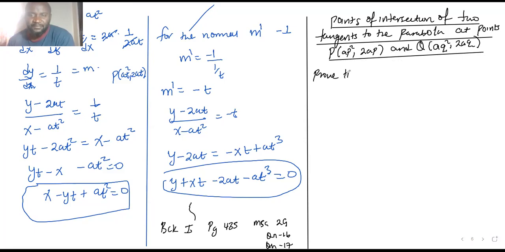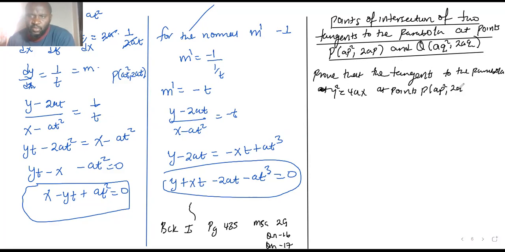So it says, prove that the tangents, I've told you everything after that can be asked, to the parabola y squared is equal to 4ax at points P of (ap squared, 2ap) and Q of (aq squared, 2aq) meet at a point, which is T of (apq, a(p plus q)).